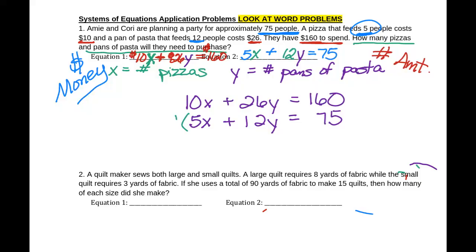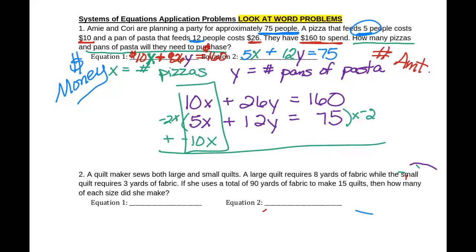Multiply this bottom one by -2. And that would cancel out your x's. Okay? We're not going to solve it all the way through, but that's what you would do. Does that make sense to everybody?